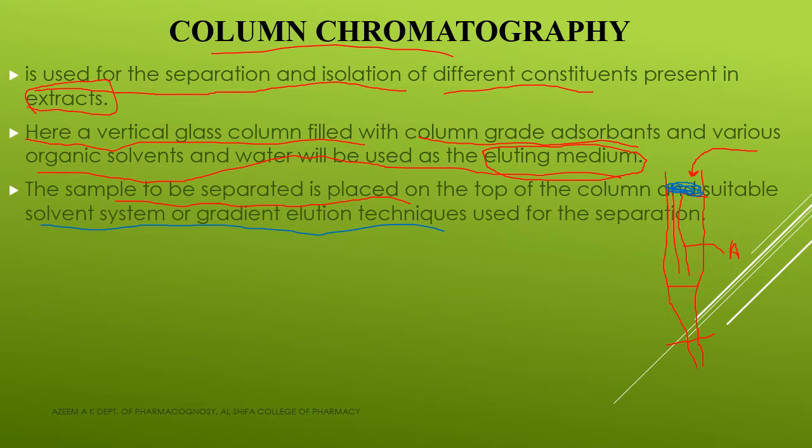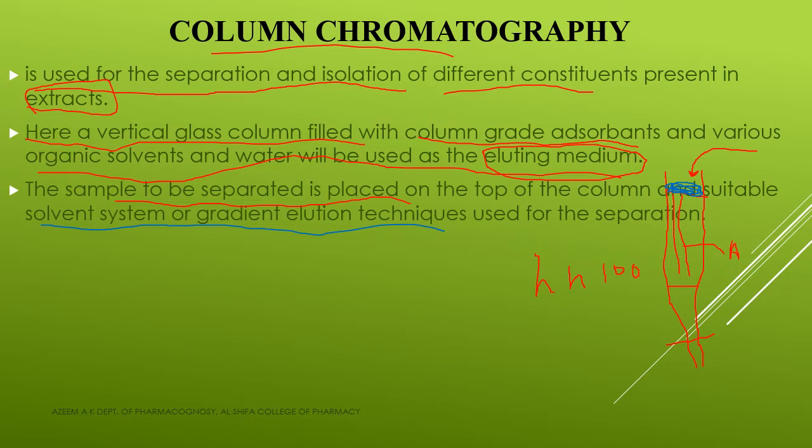And if you do not know the solvent system, then the separation can be achieved by the gradient elution technique. Gradient elution technique means first you have to take the most non-polar solvent. Sorry, the most non-polar organic solvent, that is N-hexane. First you have to take 100% N-hexane.